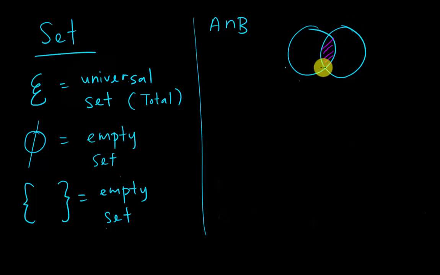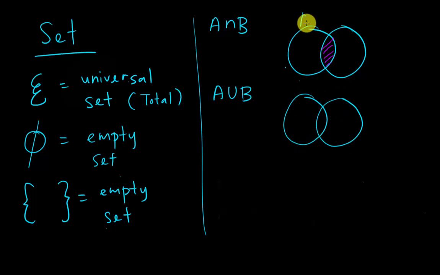This is what I mean by A intersect B. If I say A union B, if you have A and B here, this is A, this is B. Union basically means everything of A and B. This is the difference between intersect and union.